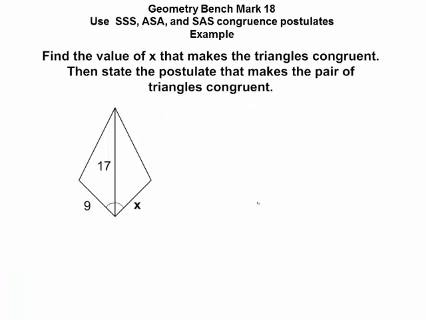And then we talked about finding values that will make two triangles congruent. They're sharing 17. There's a side, an angle, and a side. So in order for this to be congruent, it has to be the same length. And this would be side, angle, side.